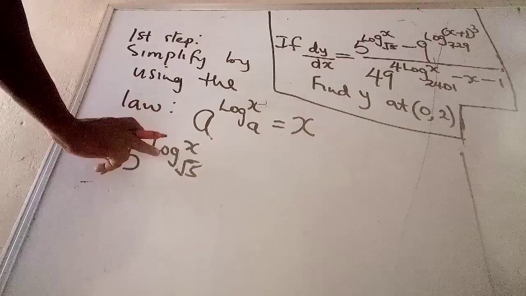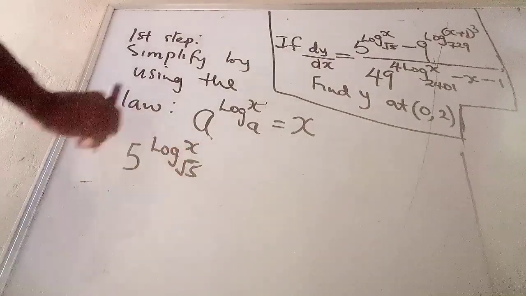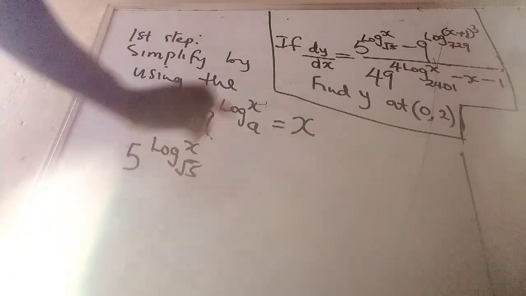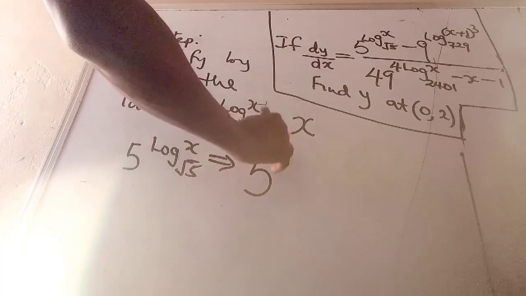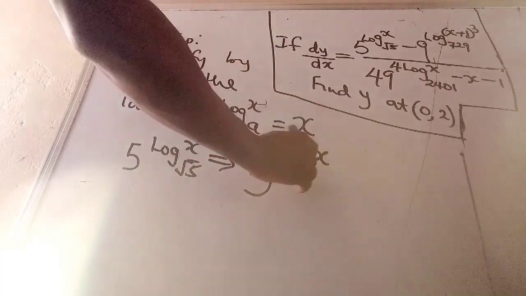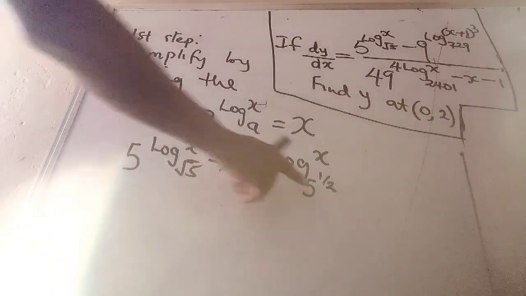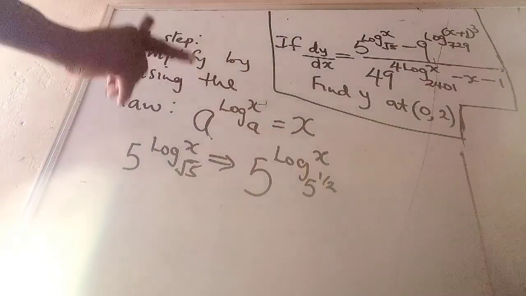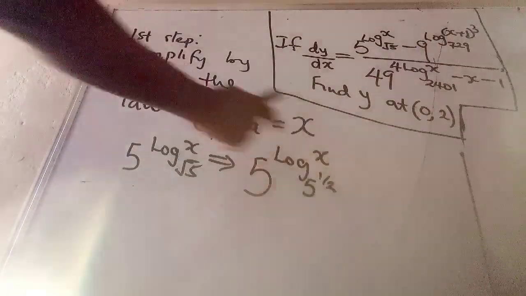5 to log of x base root 5 will be simplified first using this law. So this implies 5 to log of x base 5 raised to power 1 over 2, because the square root here will change to power of 1 over 2. What we want to achieve is this 5 here without any power.